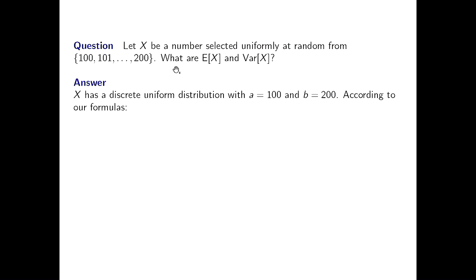So using our formulas, we get that E of x is A plus B on 2, which is 150. Var x is number of numbers squared minus 1 on 12, which comes out to 850, right?